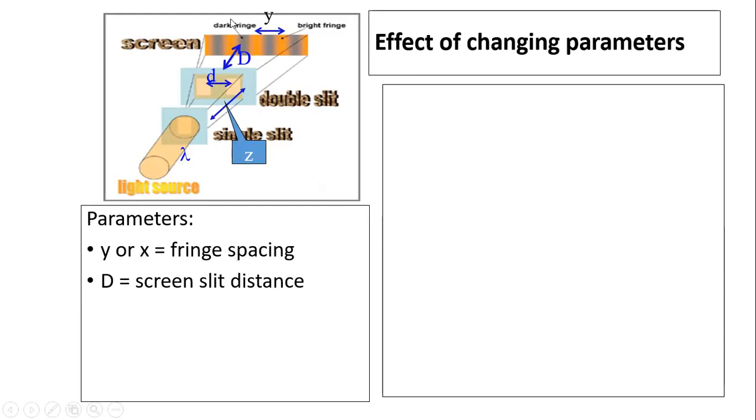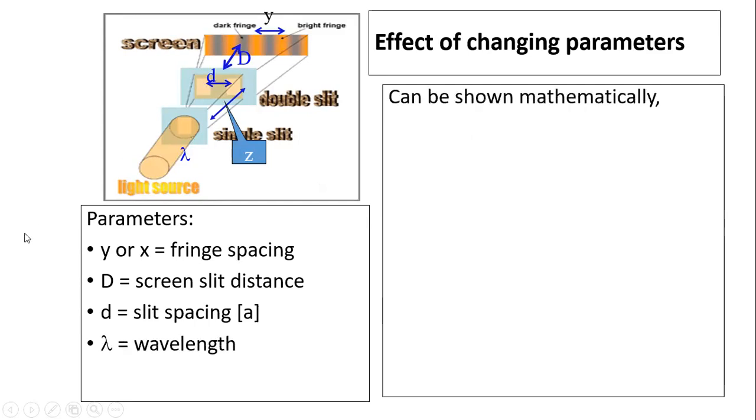D is the screen distance. Small d is the slit spacing, or your book calls it a, from center to center of the double slit. Lambda is the wavelength. So all the explanation is based on this formula.